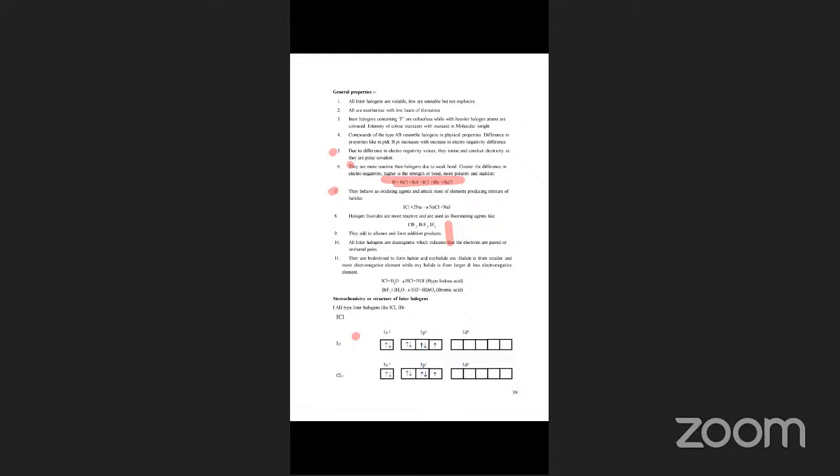Then the seventh point: they behave as oxidizing agents and attack most elements, producing a mixture of halides. See, ICl plus 2 moles of sodium forms NaCl and NaI, sodium chloride and sodium iodide.